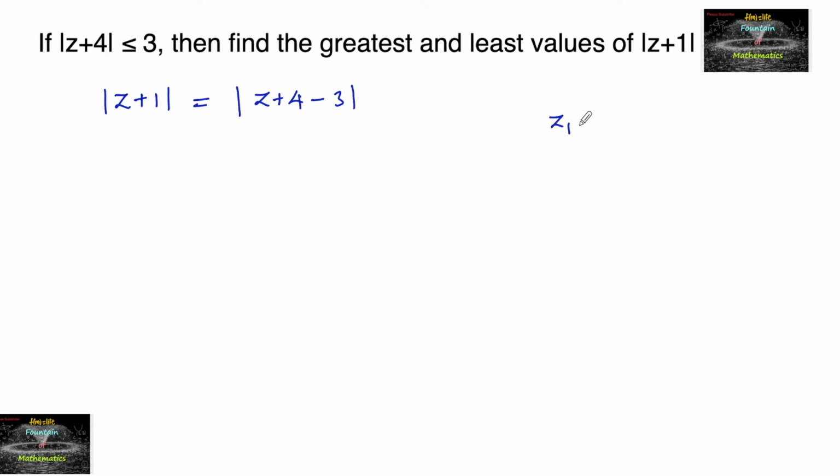And we know that mod of z1 minus z2 is always less than or equal to mod of z1 plus mod of z2. So by this we can write it as less than or equal to mod of z plus 4, considering this as z1, and this real number as z2, plus mod of minus 3, or we can add 3.